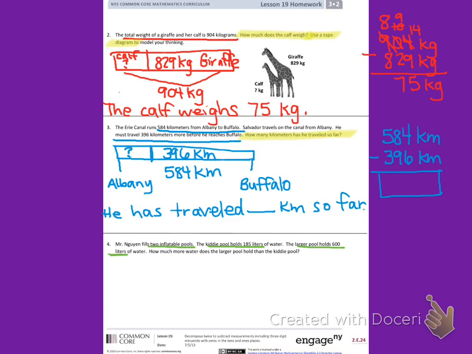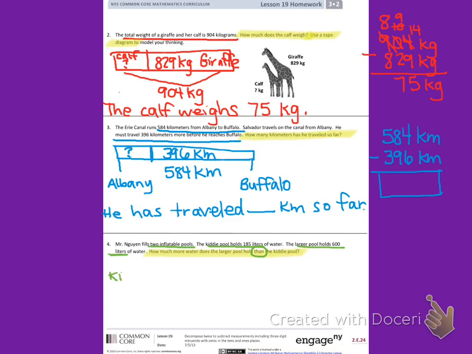The larger pool holds 600 liters of water. Now let's highlight the question. How much more water does the larger pool hold than the kiddie pool? I think I'll go ahead and circle than. That shows me we're comparing the difference between one pool and the other. Now I'll draw a tape diagram. First, I'll draw the labels.